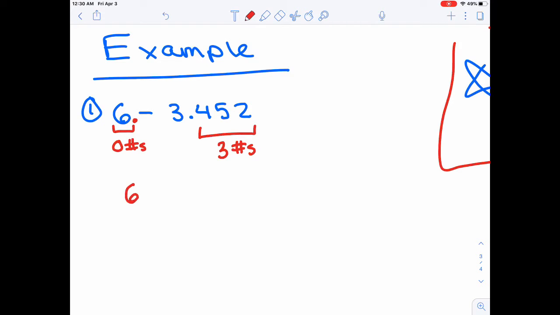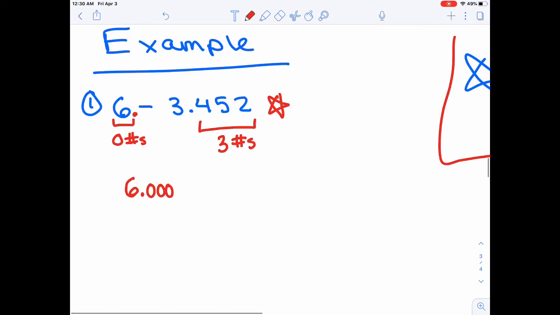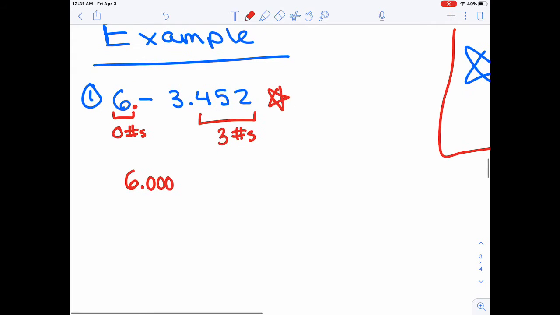So that 6 is going to turn into 6.000. Now we have 3 numbers to the right of that decimal point, and we still have our 3 numbers to the right of that 3.452. Remember, anytime you add zeros at the end of your number after a decimal point, you're never actually changing the value of that number.